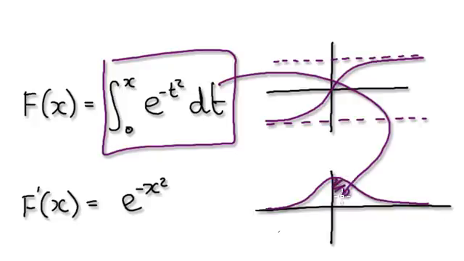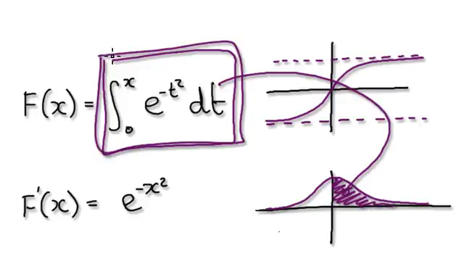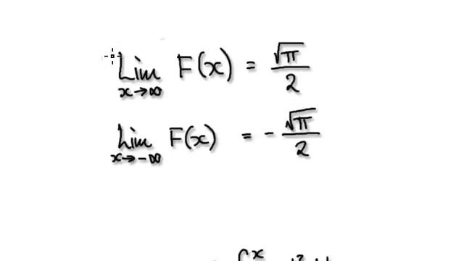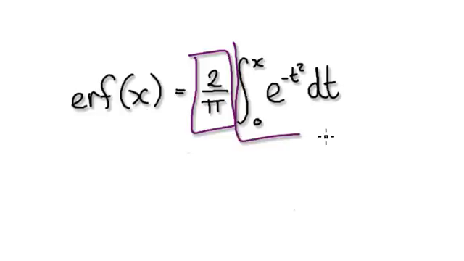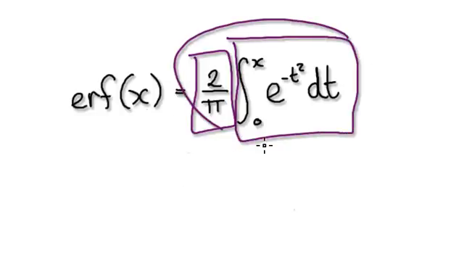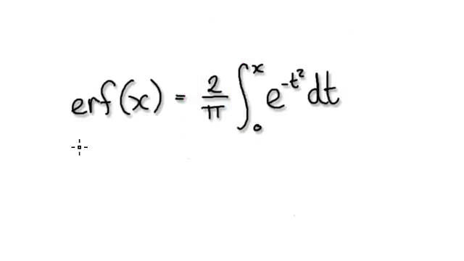Well, if the whole area here is this thing here, then we should create this function. You see, if we define a function as this thing times this thing here, then as x tends to infinity, the whole thing here will be 1.